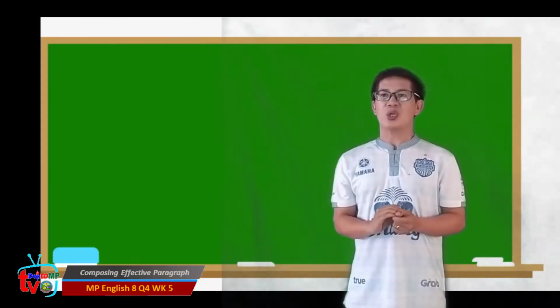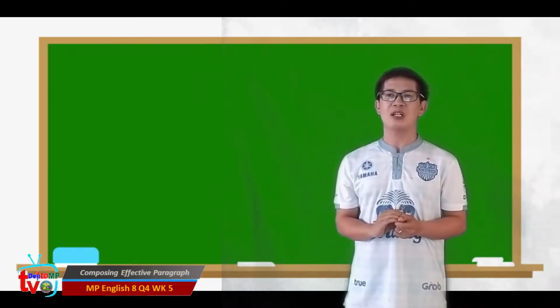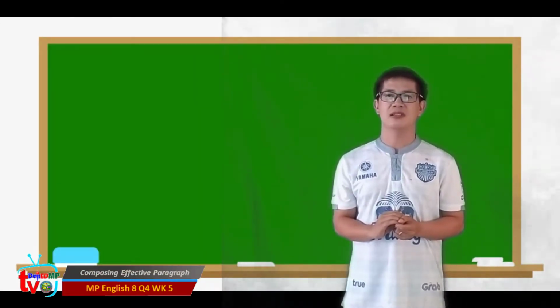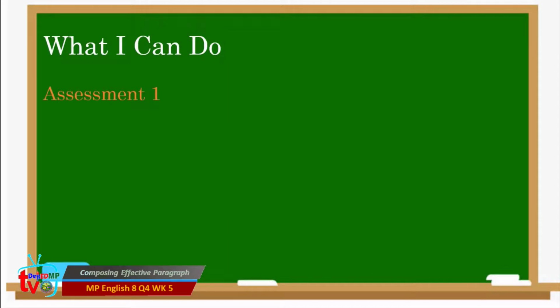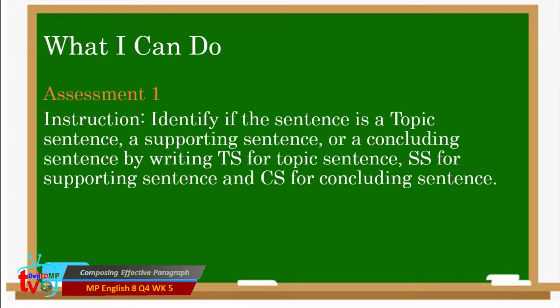Let us see what you can do after learning the lesson by answering the assessments. What I can do. Assessment 1. Instruction. Identify if the sentence is a topic sentence, a supporting sentence, or a concluding sentence by writing TS for topic sentence, SS for supporting sentence, and CS for concluding sentence.